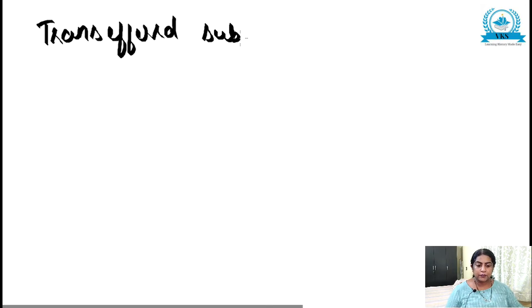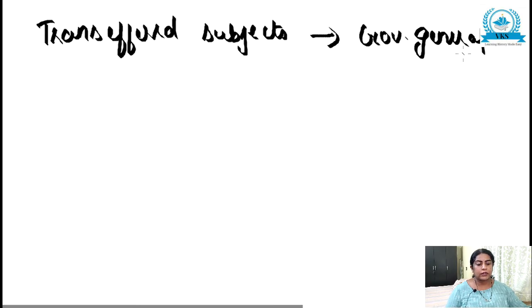Now the second thing was, in the matters of transferred subjects, other than reserved subjects, the Governor General acted on the advice of the Council of Ministers.